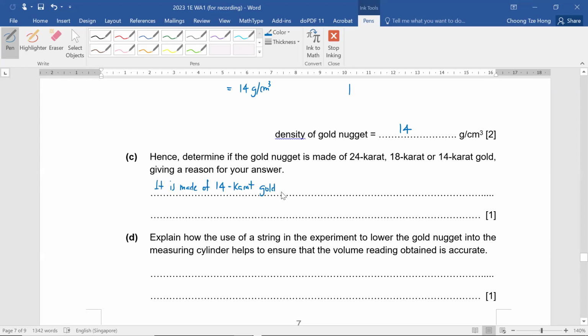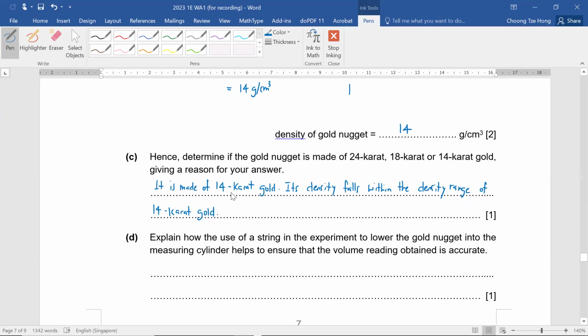Because its density falls within the density range of 14 karat gold. So that is referring back to the table in the previous page.